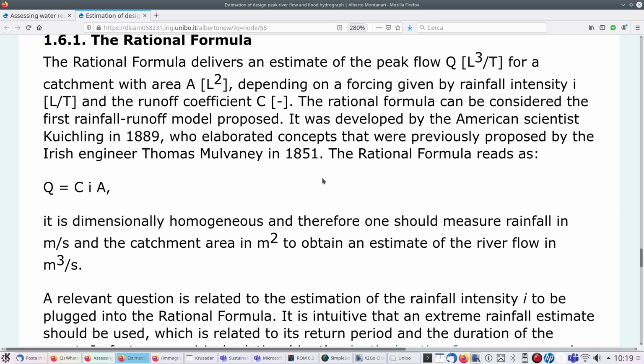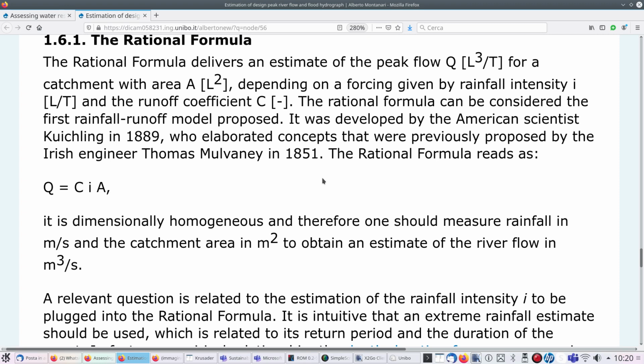As I said, this is not typically applied for water resources assessment because it doesn't give an idea of the temporal variation of Q. You see that there is no time index there. In water resources assessment, we need to quantify water resources, the progress of water resources in time. The rational formula doesn't give you that.